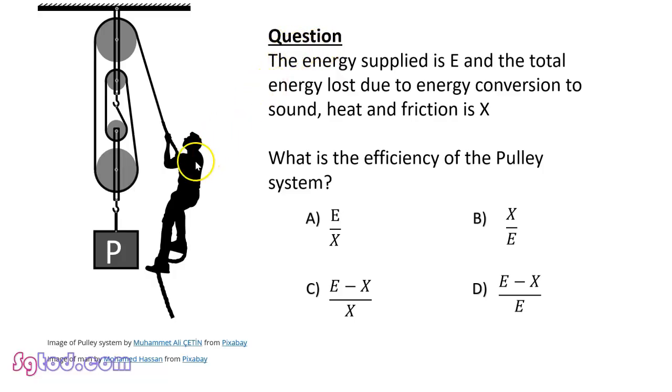For example, on this slide, we have a man trying to pull a load up using a pulley system. The energy supplied is E, and the total energy lost due to energy conversion to sound, heat, and friction is X. What is the efficiency of this pulley system? Now, let's apply the formula.